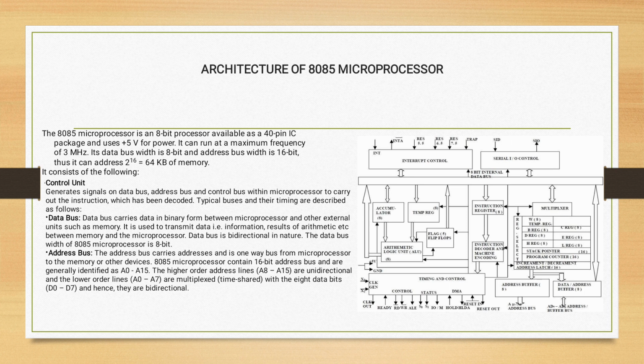So if we go to the main diagram, here you can see this particular segment is called the timing and control unit. There are several kinds of signals over there. One is called control signals, data signals, DMA, clock, etc.